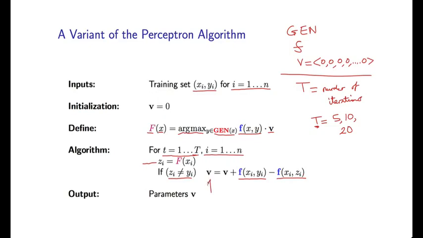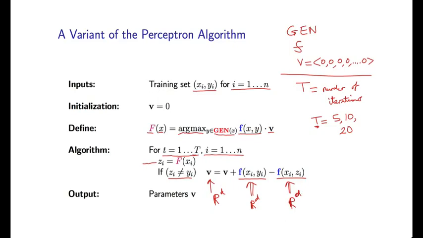So remember, all of these vectors are in some d-dimensional space. So the parameter vectors are d-dimensional and the feature vectors are also d-dimensional. And so there's no clash here. These computations make sense. I'm adding and subtracting d-dimensional vectors.